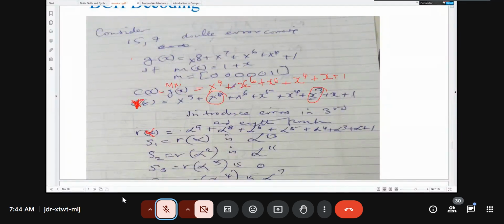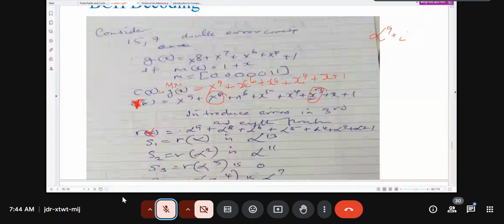Let's have R(alpha). Let's say this is a correct syndrome. You just replace the X with alpha, the primitive element. So we are going to find this becomes alpha to the 9, plus alpha to the 6, plus alpha to the 5.